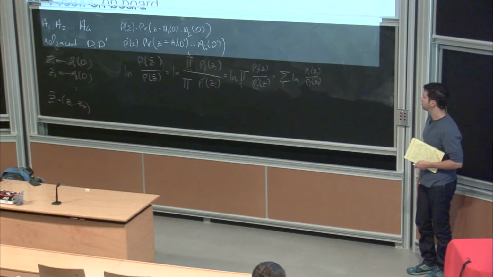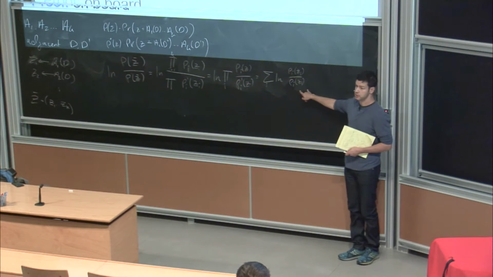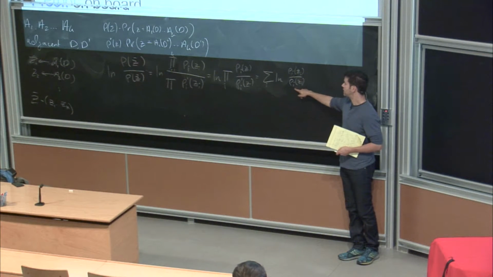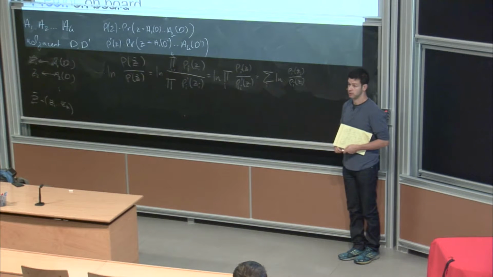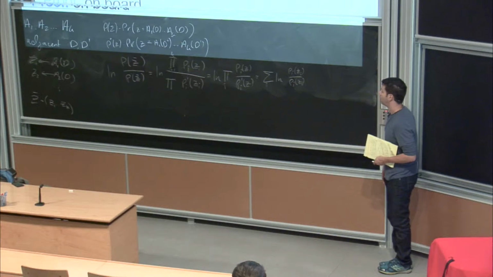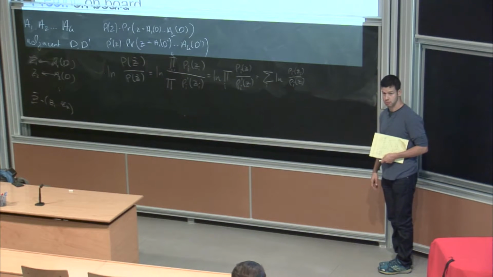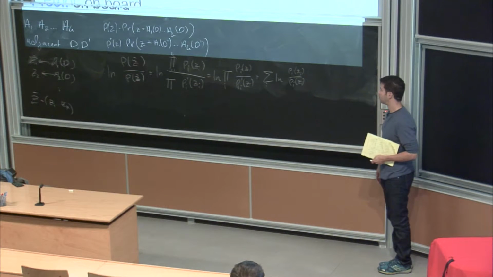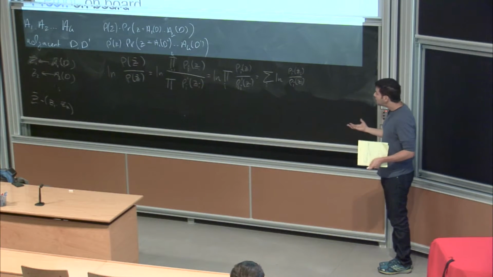So thinking about each of these log ratios as a random variable, we have a sum of k random variables. Hopefully k is big. And we've talked about the fact that these random variables have an expectation, and hopefully their expectation is small. So we have a sum of k random variables with small expectation.